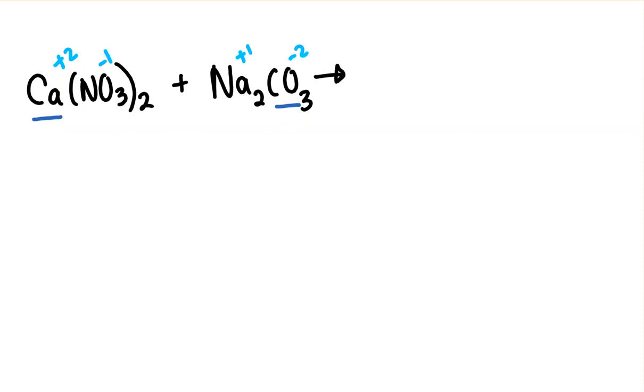And so I'm going to put calcium with carbonate. Okay, and then I'm going to put sodium with nitrate. Okay, but when I come over and write these products, I need to make sure they're good formulas. And so to do that, I need to look at their charges.